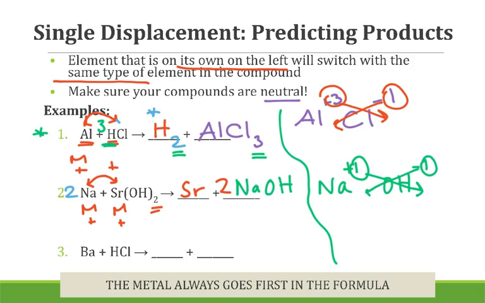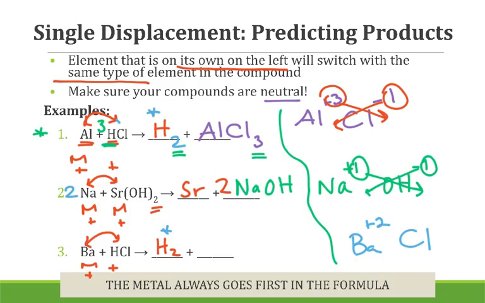All right, Ba plus HCl. We've got a metal, barium with a positive charge. We have hydrogen, which also has a positive charge. So those are going to flip. So we're going to have hydrogen by itself, and it is diatomic, H2. And then we have barium is going to be first, so barium is going to pair with chlorine.